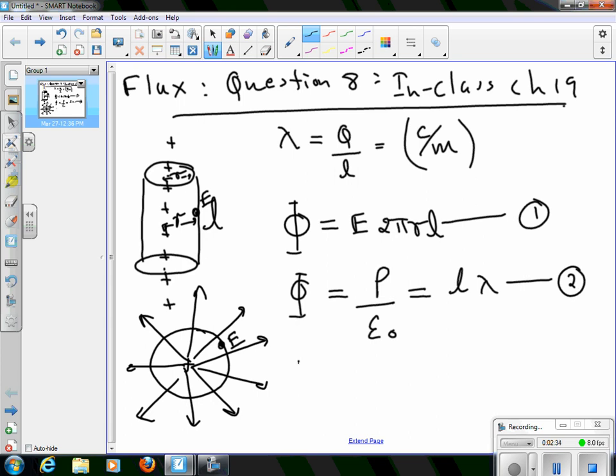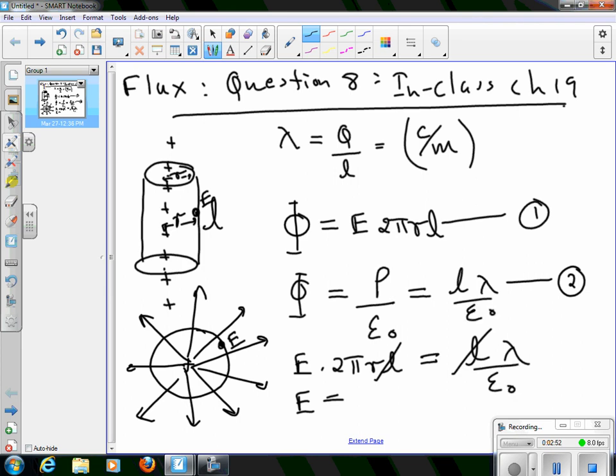So E times 2 pi RL is equal to L lambda over epsilon 0. L cancels out, and you have E equal to lambda over 2 pi epsilon 0 R.